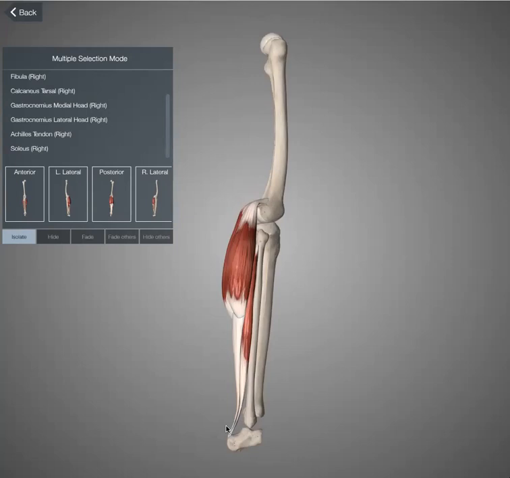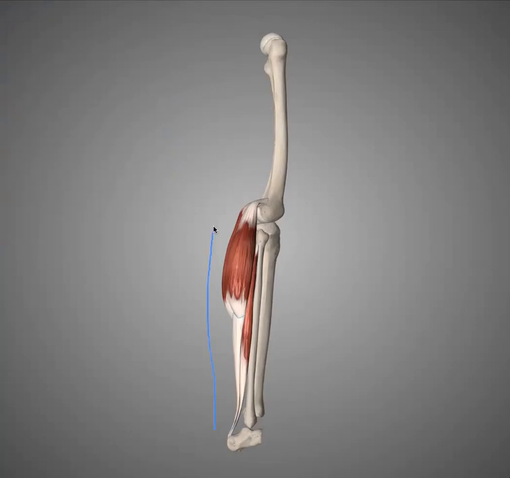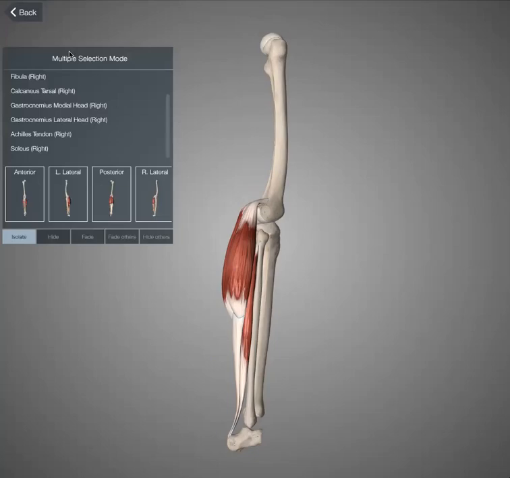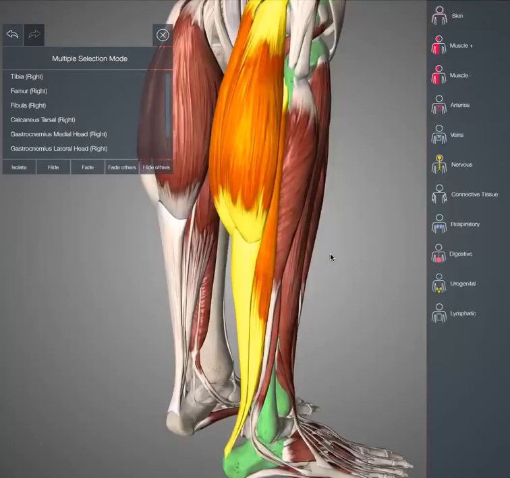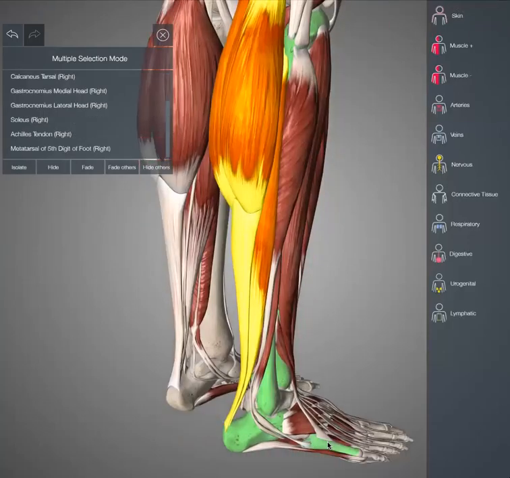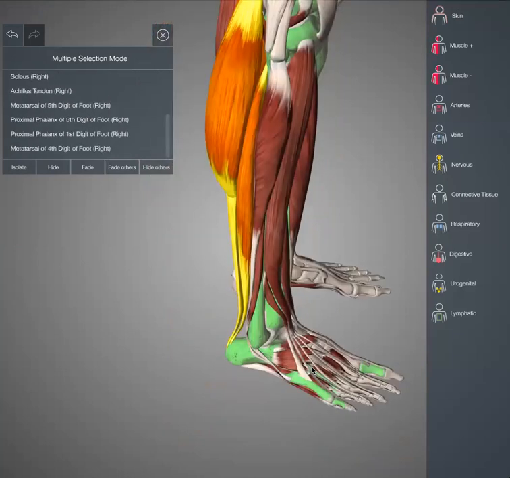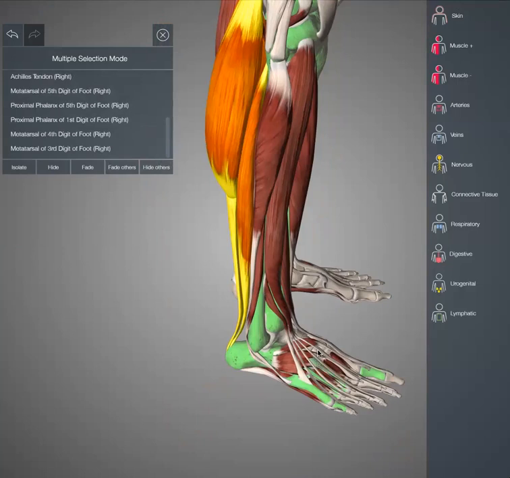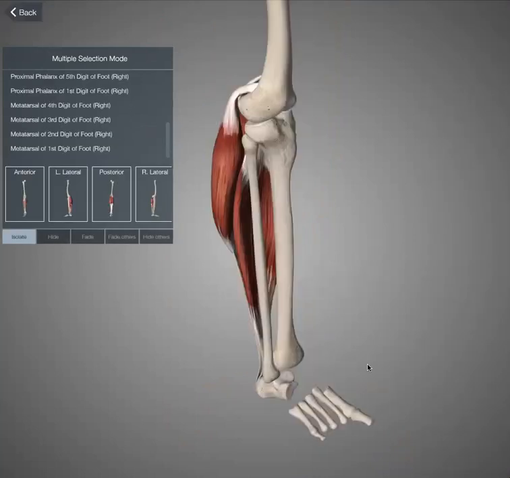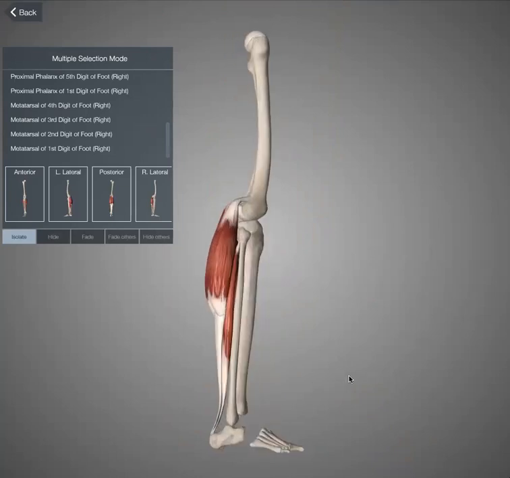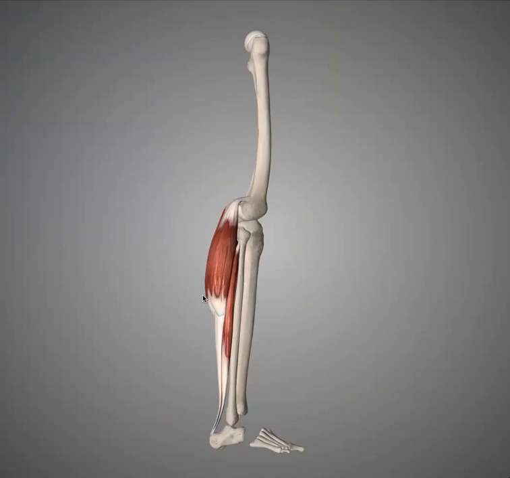And the action is, let's say, these muscles contract, okay? And I want to make sure I select some foot bones, just so we have an idea of what we are doing. And I will isolate. Let's say you can imagine that this is the foot, and let's imagine that these muscles contract.